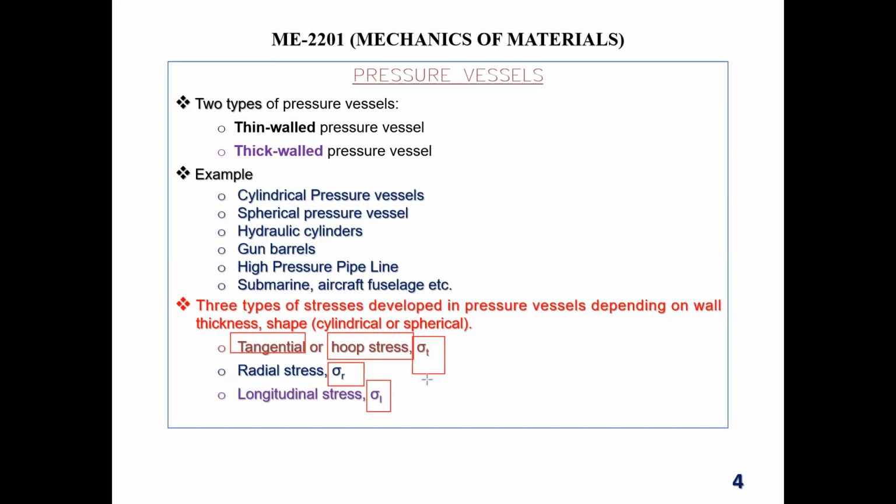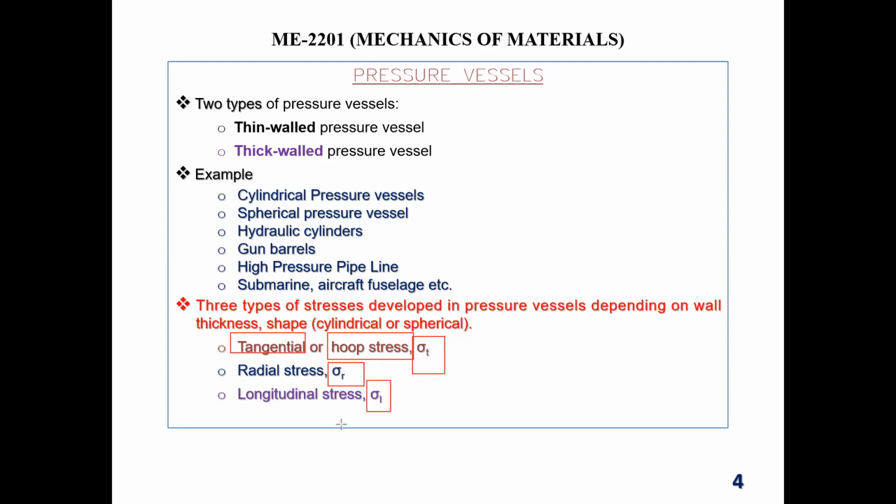Say you buy a pressure vessel or gas cylinder for your car. How much pressure will be inside, 400 psi or 300 psi? What will be the stress? There is no tool to measure stress except putting on a strain gauge. So we need a formula to derive those three stresses: sigma T, sigma R, and sigma L.